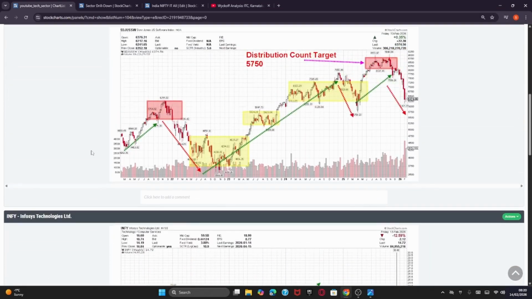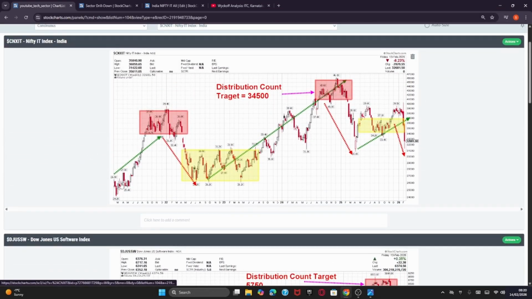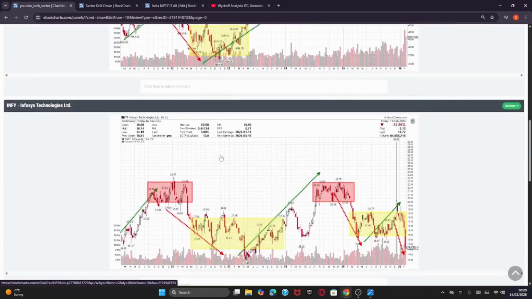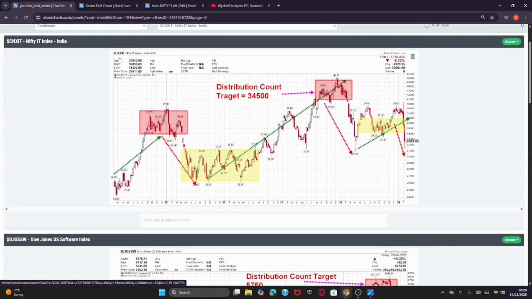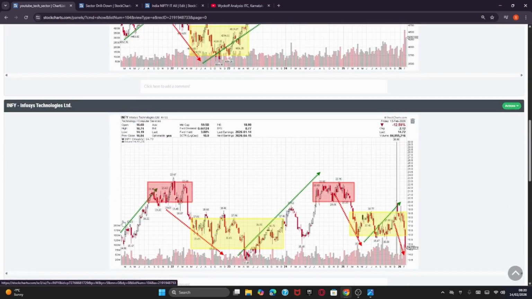Let's look at the Indian side. You have this exactly matching the mother chart, where the IT index is matching with US; the Indian stock matches the Indian IT sector, exactly following the same Wyckoff market cycle.